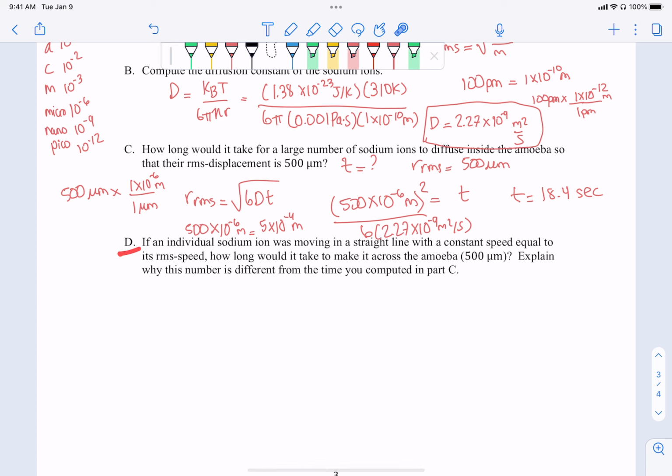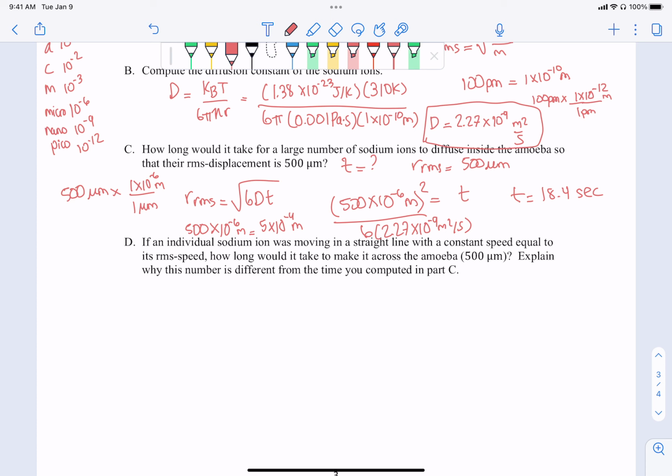What's different about part D and part C just from that? That it's moving in a straight line. Does this indicate anything? Ring any bells?